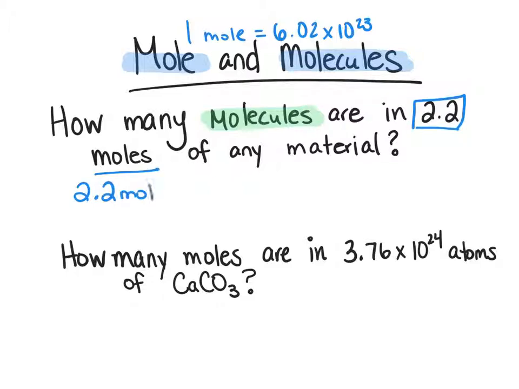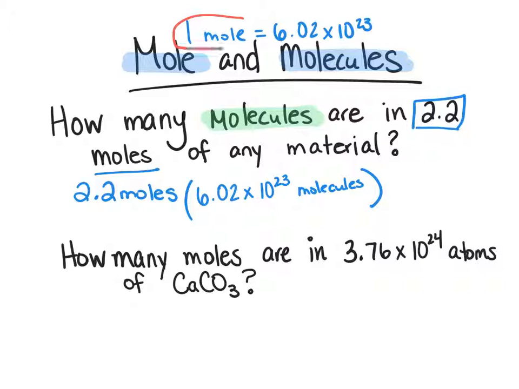2.2 moles is what I identified I'm being given. Now, if I look at this relationship, 1 mole is equal to 6.02 times 10 to the 23rd atoms. So if I had 2.2 moles, I would simply be multiplying it by 6.02 times 10 to the 23rd molecules. Now, I've also taught you how to do this setting up a ratio, using this number right here as a ratio.